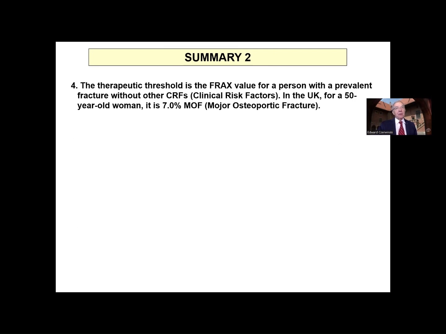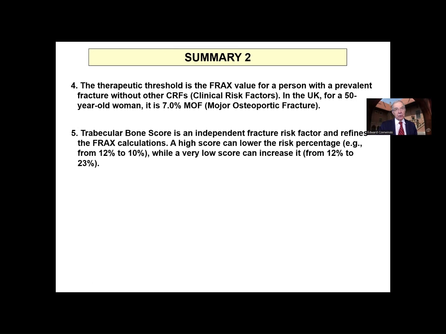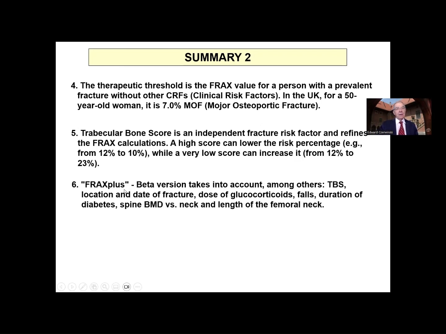The therapeutic threshold in FRAX for a person who is 50 years old and has no other clinical risk factors is just 7%, and such a lady should be treated. Trabecular Bone Score is an independent risk factor and can make the FRAX calculation more precise, and may lower the risk if there is a very good structure, or even double it if there is a very poor structure, meaning from 12% to 23%.